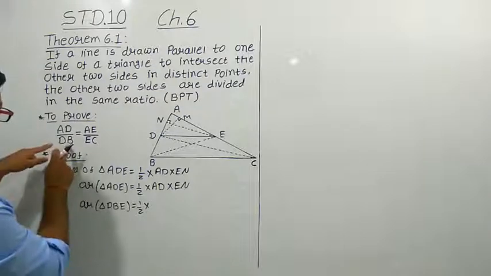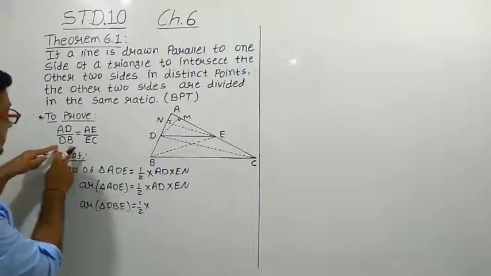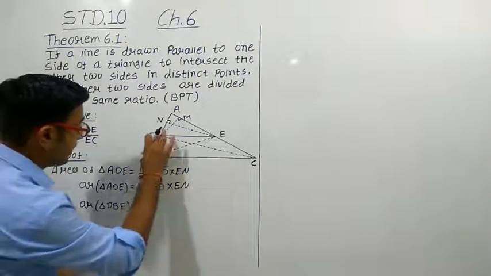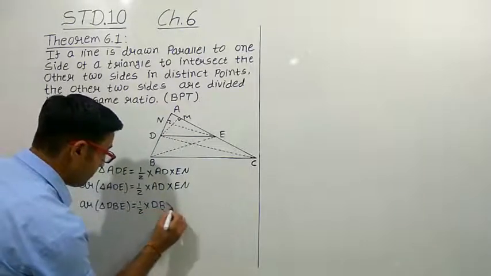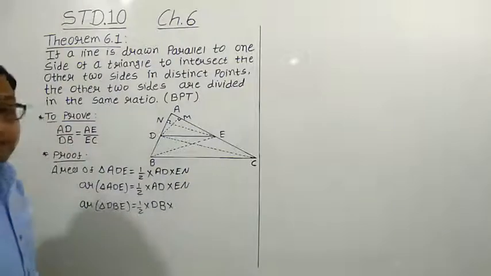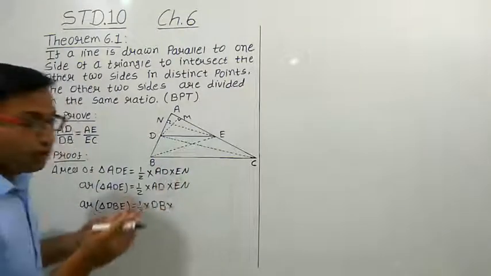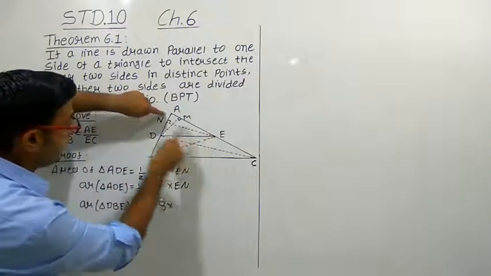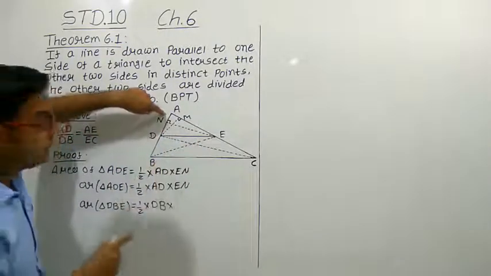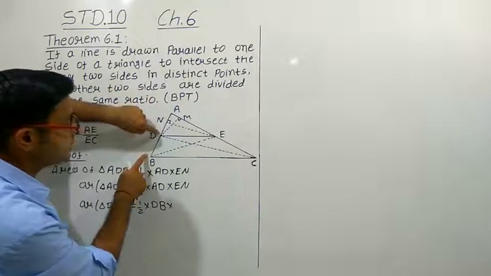Now see, which base do we require? DB is there, so we have to take DB as the base. But what will be the altitude here? We have not drawn any altitude, but you can see that EN will be the altitude for this base DB.